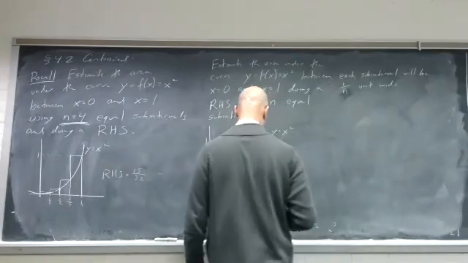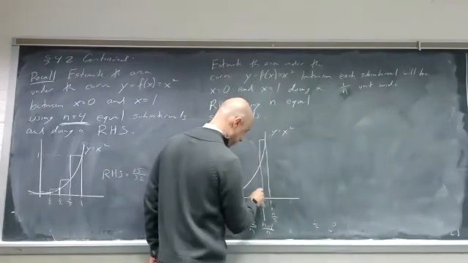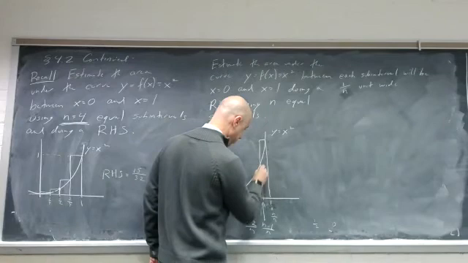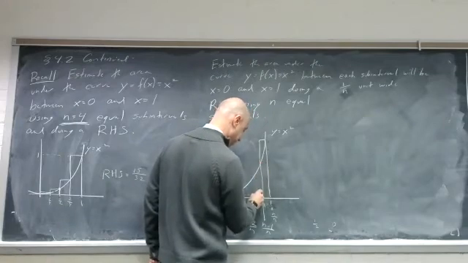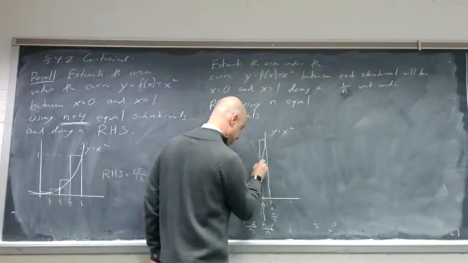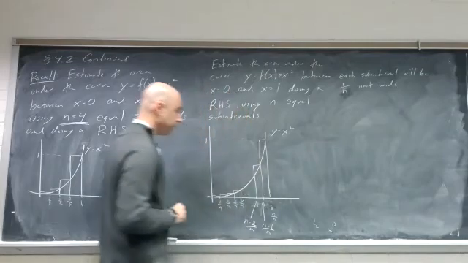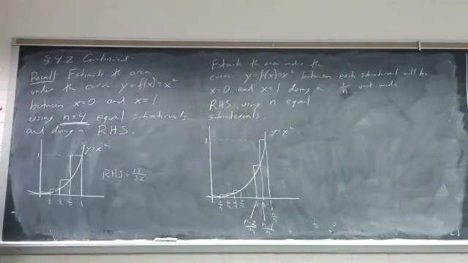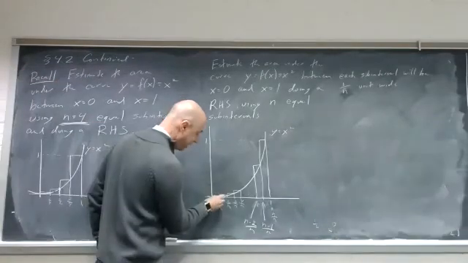That's a pretty wonky looking rectangle. But hopefully you know what I mean. And let's figure out the area of each of these rectangles. So we need the height of each of these rectangles.